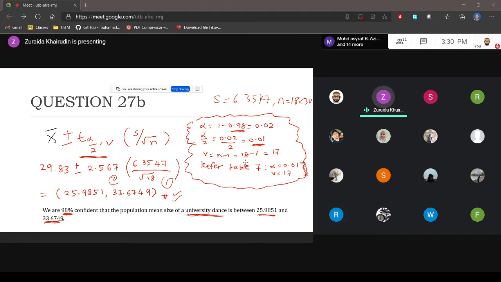So we are 98% confident that the population mean size of university dance is between 25.9851 and 33.6749. That's for question number 27.